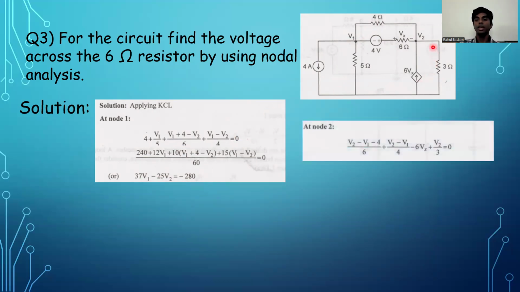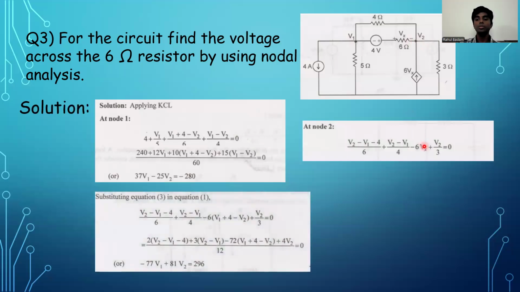Now applying the same at V2, we get (V2 minus V1 minus 4) by 6 plus (V2 minus V1) by 4 minus 6 Vx, this dependent source which is on this 6 ohm voltage, plus V2 by 3 is equal to 0. Substituting these equations, we get minus 77 V1 plus 81 V2 is equal to 296.